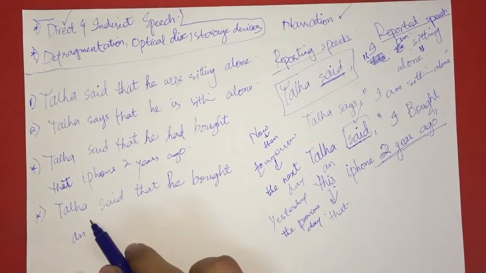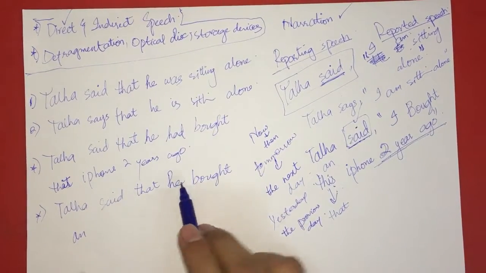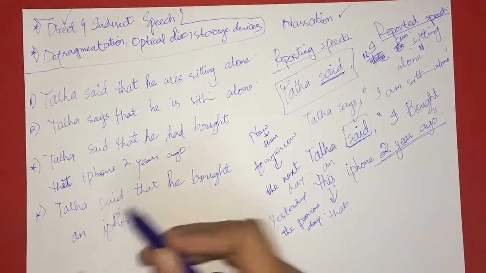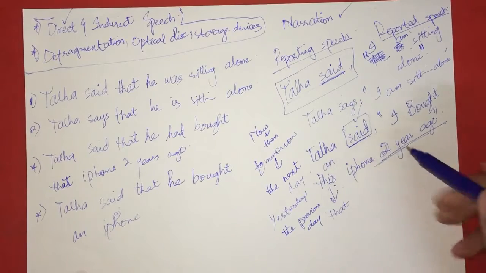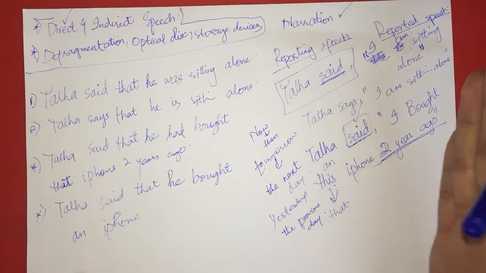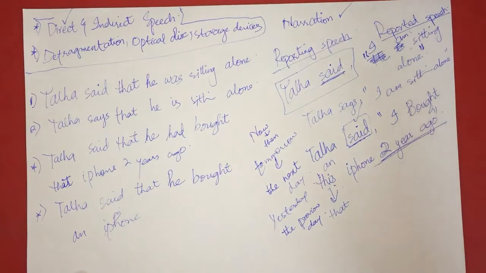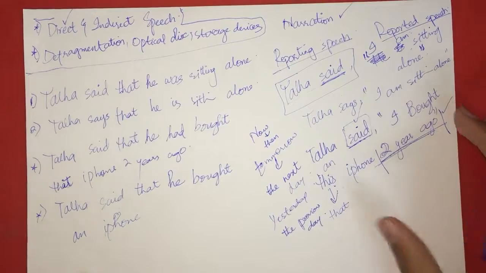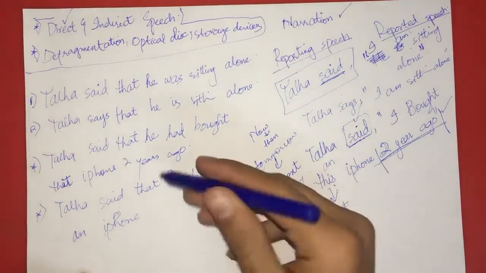You won't write "Talha said that he had bought an iPhone," because there's no time limit involved, and it's not specifying what time this action occurred. The time limit is not stated. You don't know when this action occurred. So in that case, you don't have to change the sentence into past perfect. You can just write this sentence as it is.